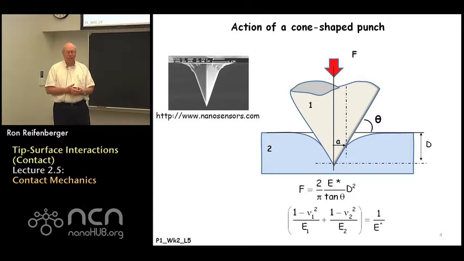And in this particular case, you'll see that the maximum deformation, or the force produces a deformation that's quadratic, with a proportionality constant that depends on geometry and this parameter E star. So this is yet again another geometry that you might consider to model how the tip interacts with the substrate.